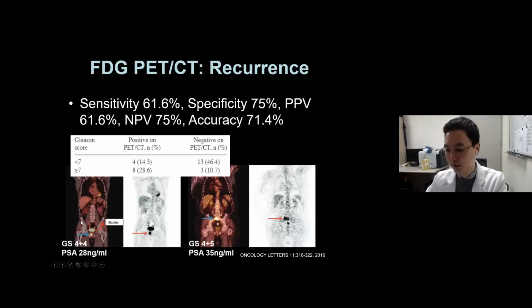So in these cases, the recurrence was well indicated and detected, and these patients all had high PSA and high Gleason score at initial staging.